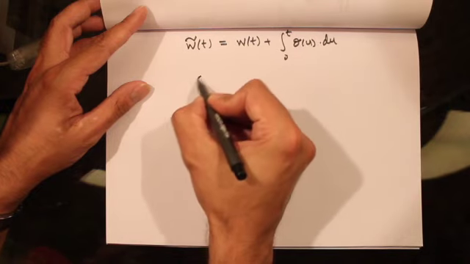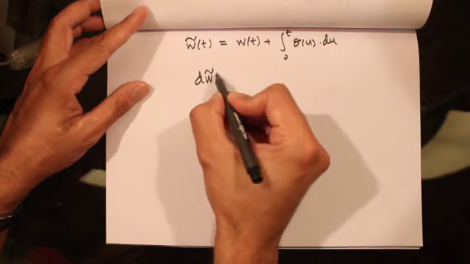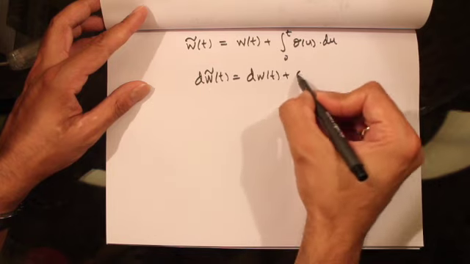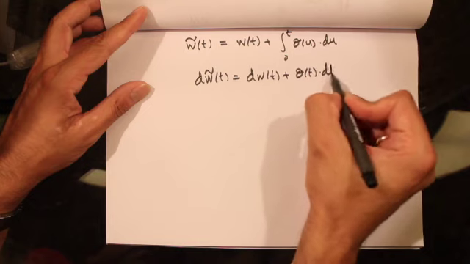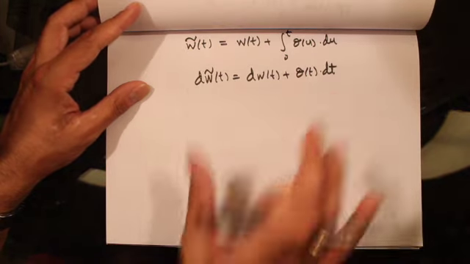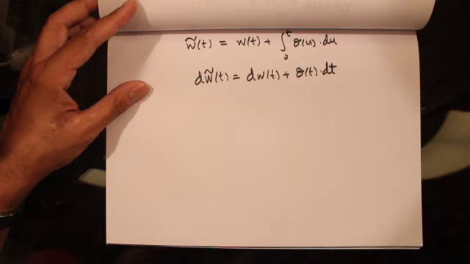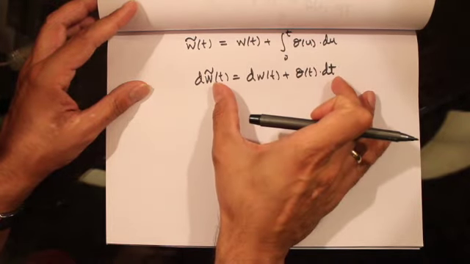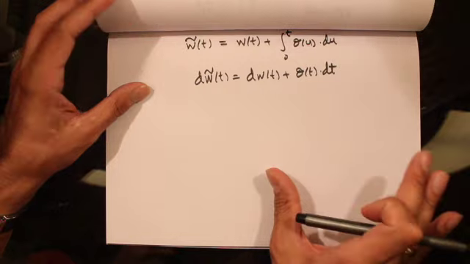In differential terms, we can write this as dW tilde(t) = dW(t) + theta(t) dt. Then we define the Radon-Nikodym derivative, and a new probability measure, and under that probability measure, this process becomes a Brownian motion. That's what Girsanov's theorem says.